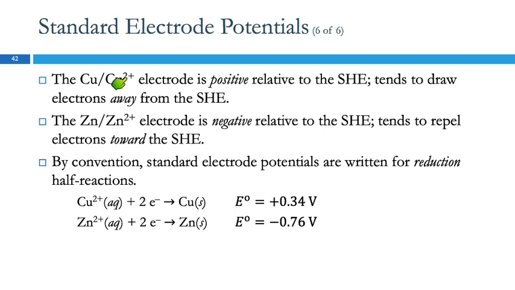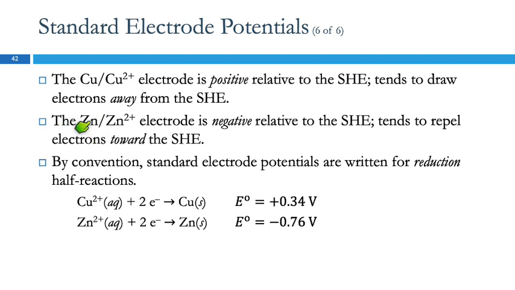So this copper electrode was positive relative to the standard, 0. So it's going to draw electrons away from the standard hydrogen electrode because it's positive relative to that, and so the electrons are going to go towards it.